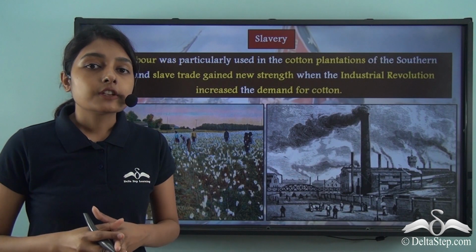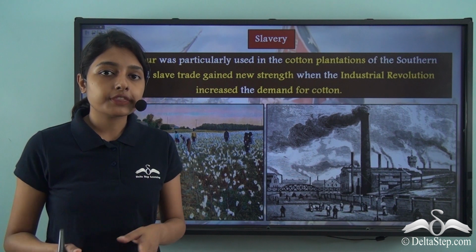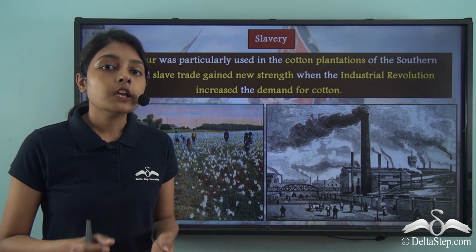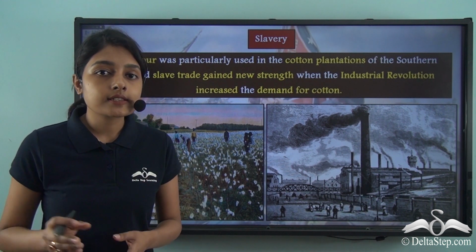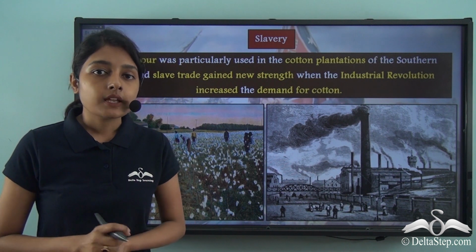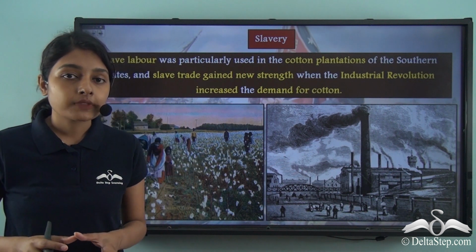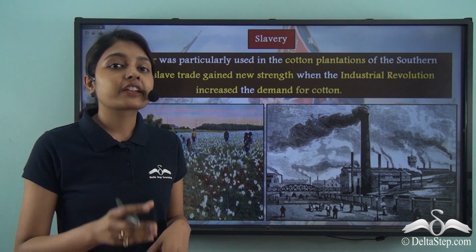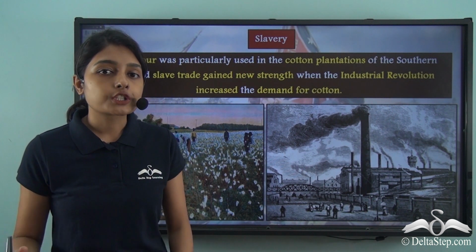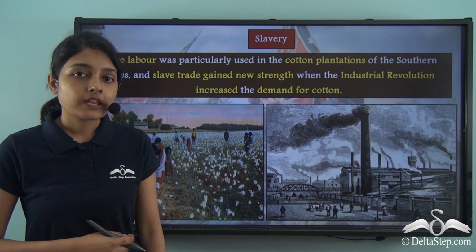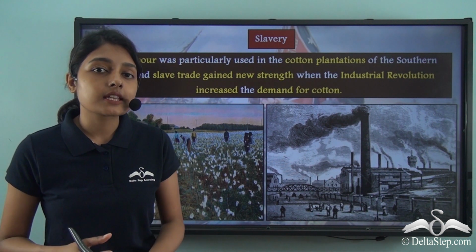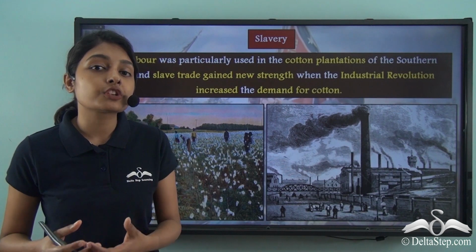Now, with this, we again come to the discussion on the split between the northern states and the southern states, geographically speaking. The southern states were mostly suited for agriculture, agriculture of cash crops like cotton, sugarcane and tobacco. And for this, the southern states required a huge amount of labor.